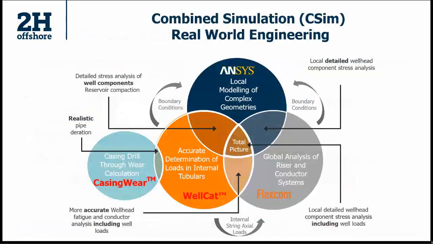The best way of viewing this, so this is a typical workflow that we would do. We've got WellCat and FlexCom there. So WellCat is our well simulator, tubular design package. FlexCom is the environmental marine package. We've got ANSYS up there at the top. It's quite mature.